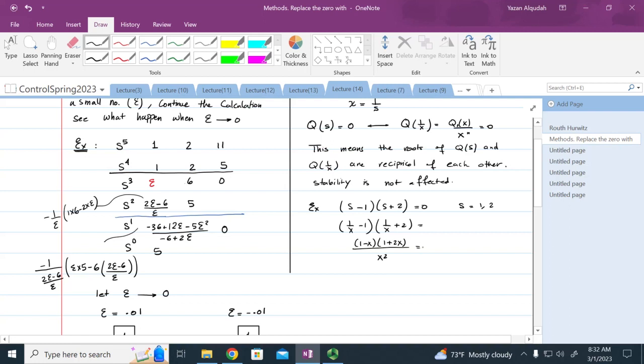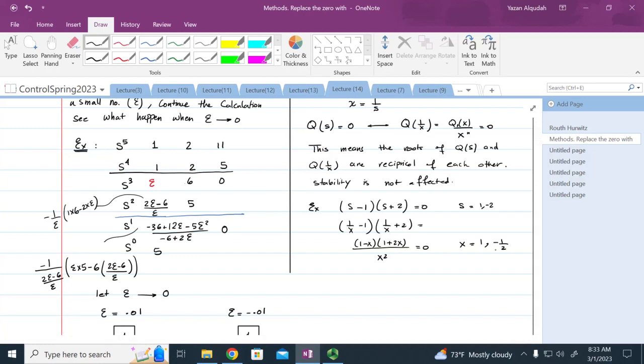And if I set this equal to 0, what are the roots of this polynomial? x equal 1 and x equal to negative 1/2. Agree? See it? So if I have a polynomial that has roots at 1 and negative 2, if I replace s with 1 over x, I'm going to get a polynomial that has roots at 1 over the 1 and 1 over the negative 2.